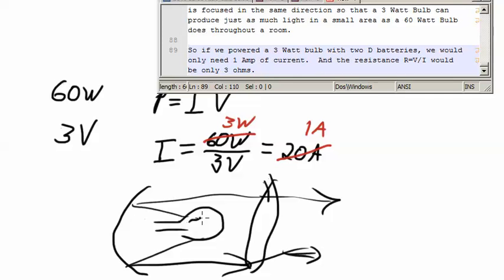And the resistance across that filament in there, R equals V over I, would be 3 volts over 1 amp equals 3 ohms.